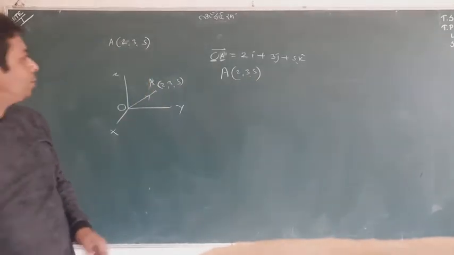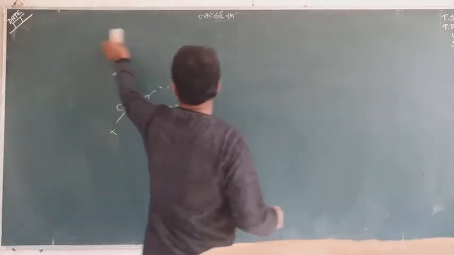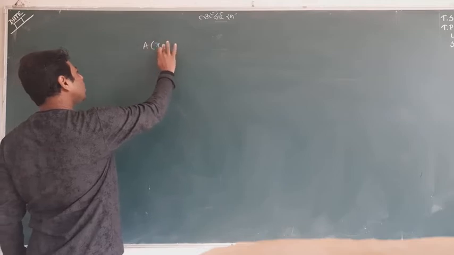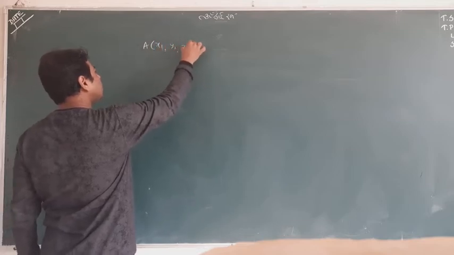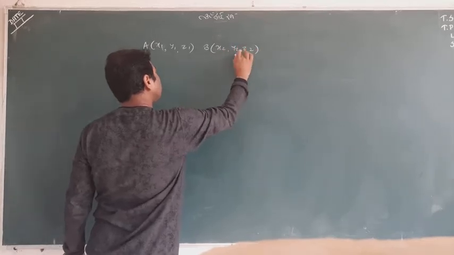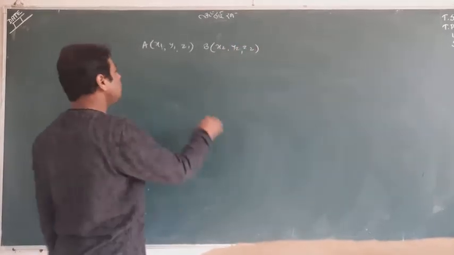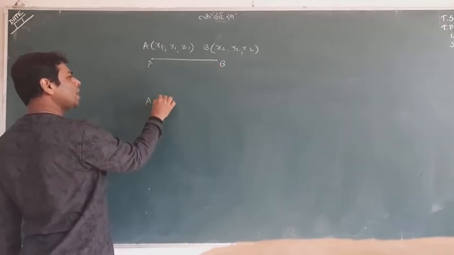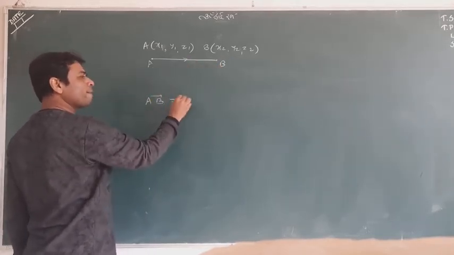Again, I tell you one thing, remember it. A is (x1, y1, z1), the coordinate of A. Coordinate of B is (x2, y2, z2). What is vector AB?